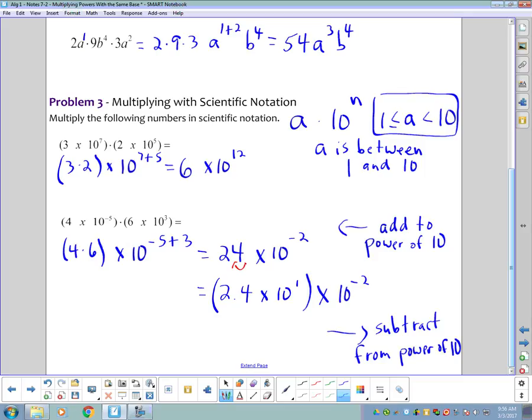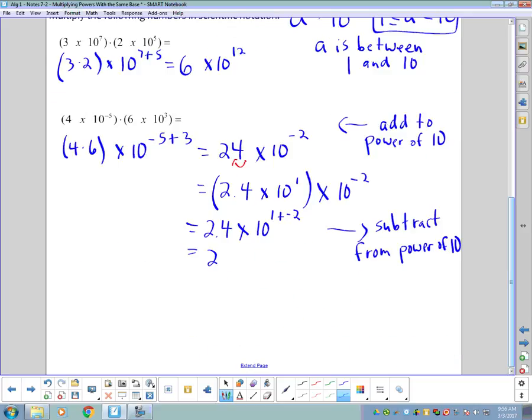So the final answer is 2.4. See how I have 10 to the first and 10 to the negative second? If I add those together, I get 2.4 times 10 to the negative 1 power. And that's my final answer in scientific notation.